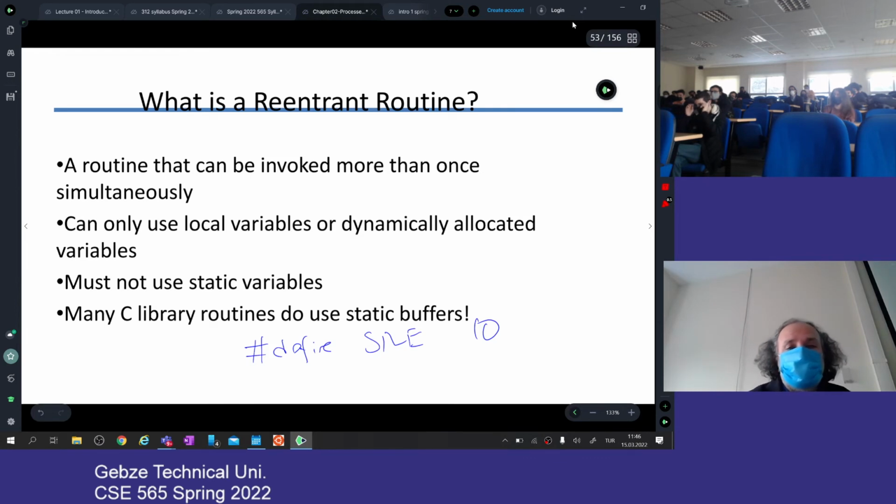Many C library routines do use static buffers, unfortunately, because those C functions were designed in the 1970s. In the 1970s, of course, we had multiple processes available, but we don't have this problem with multiple processes because between different processes we have address space isolation.